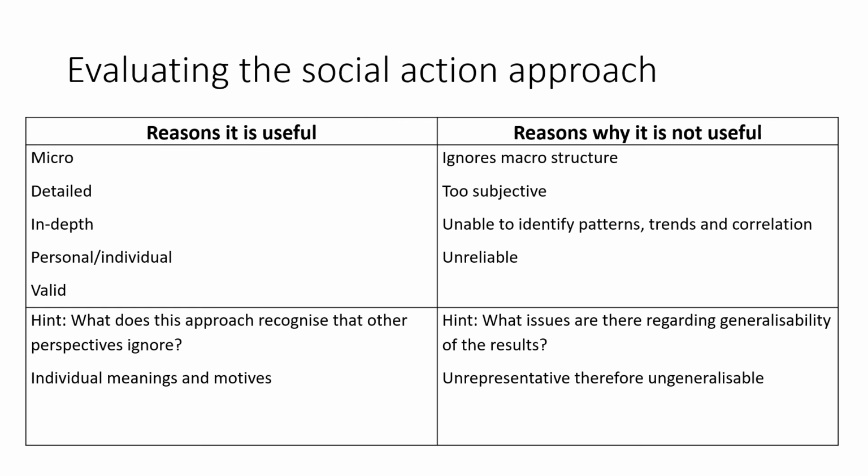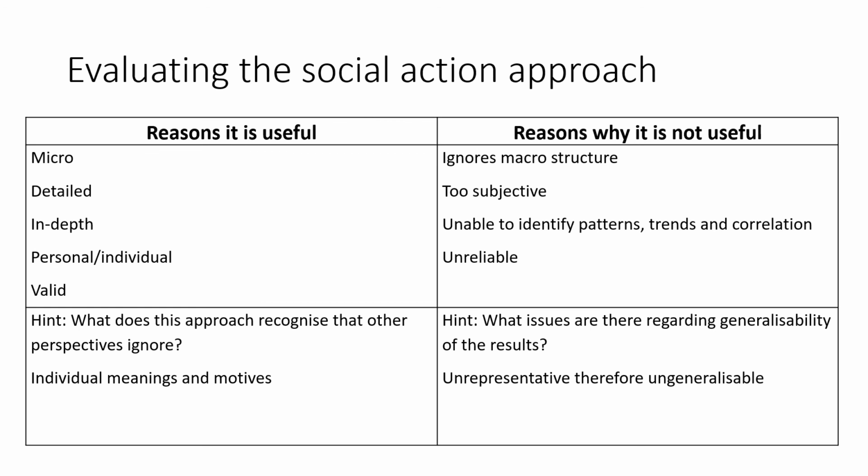In terms of generalizability, if you're doing a micro study in this way that is so micro that it's focusing on one person at a time, you cannot generalize that. Interesting thing to note, though, that it's not trying to make a generalization. It's saying we can't make generalizations, we shouldn't aim to.